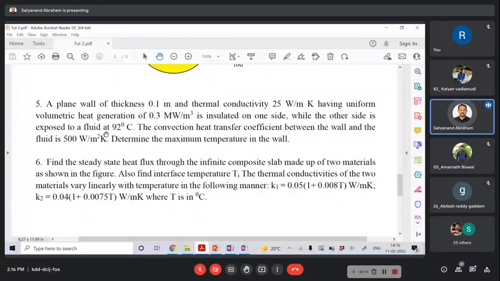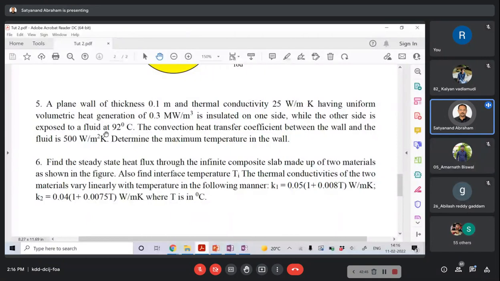Here we have done that derivation, right? A wall with 1D heat generation, we have done that. We said that we are going to have a system in which T1 and T2 are on either side.